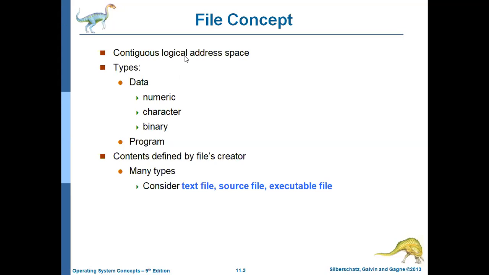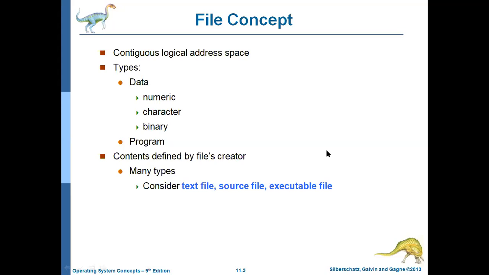Usually we say that it is a contiguous logical address space. Types of data can be numeric, character, or binary form, or it can be a program itself. Content is ultimately defined by the file creator. There are many types: text file, source file, executable file. All of them are regular file types.